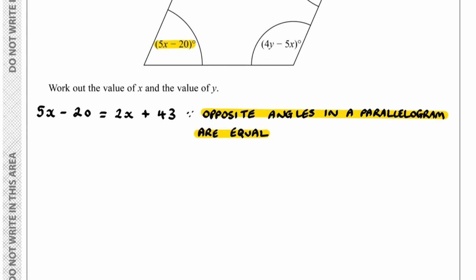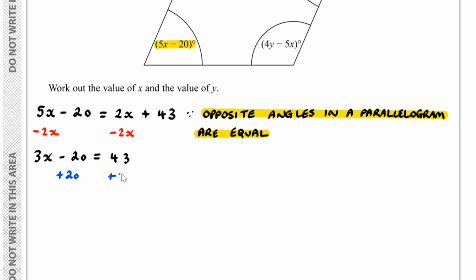So if we attempt to solve for x in this case, well, subtracting 2x from both sides, we would have 3x minus 20 equals 43.